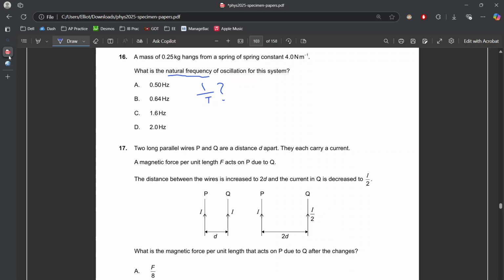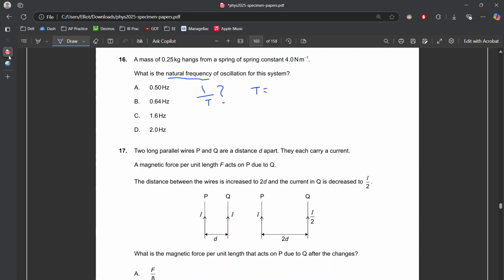Oh, would you look at that? T is equal to 2 pi times the square root of m over k. That implies that frequency is 1 over 2 pi times the square root of k over m, which I don't know off the top of my head. I will use a calculator for that one.